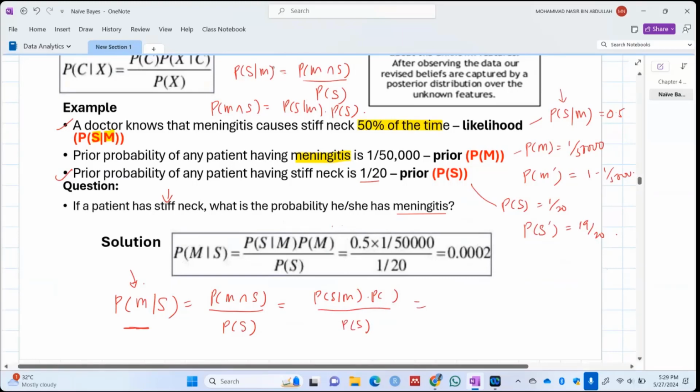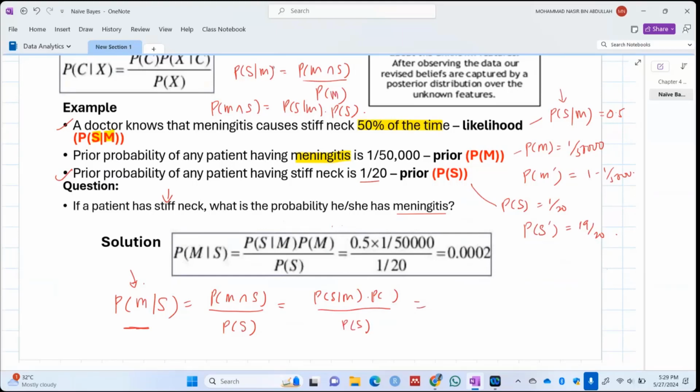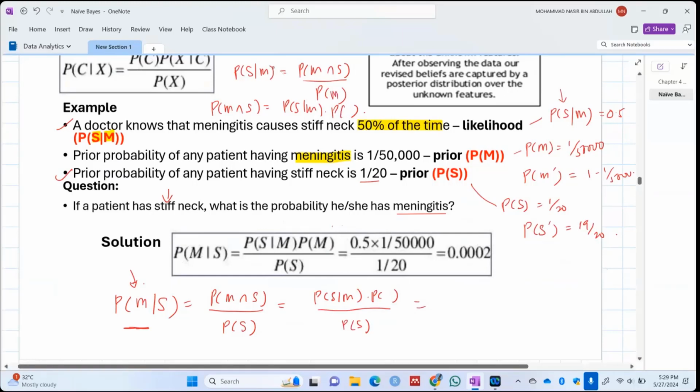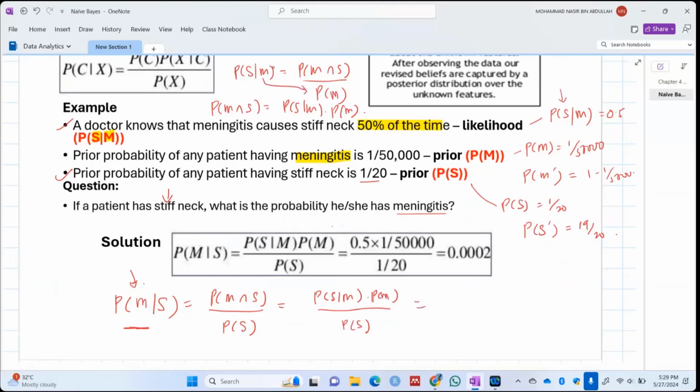Because the denominator is the one that already happened, right? So this one is multiplied with M.